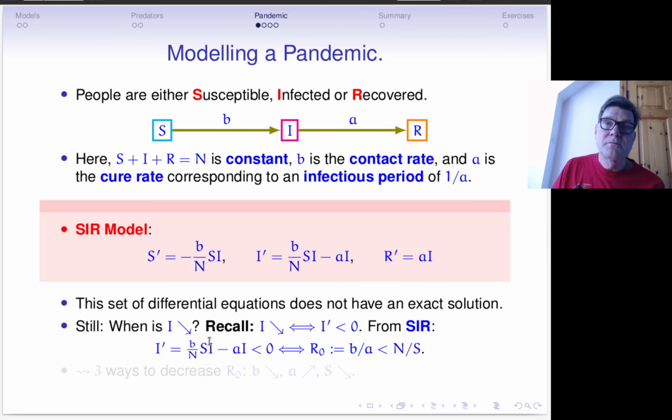From the calculus, we know that a quantity is decreasing if and only if its rate of change is negative.